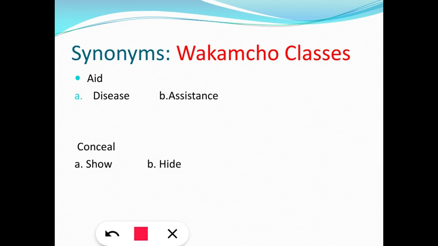Now, what will be the synonym for the word counsel? Option A, sow. Option B, hide. So counsel means to hide something. The opposite of counsel would be sow or reveal or expose, right? But the synonym would be hide here.